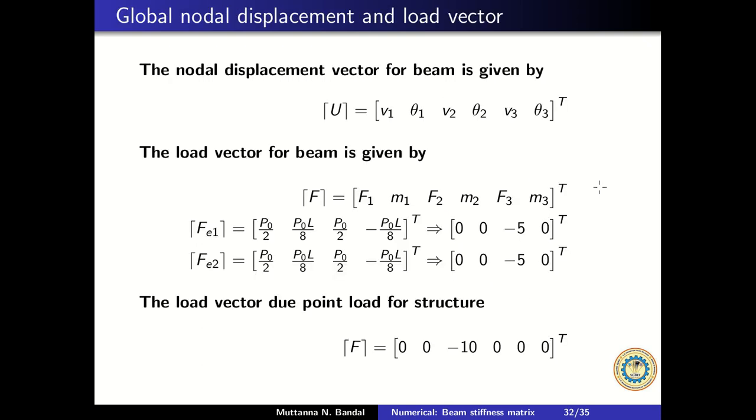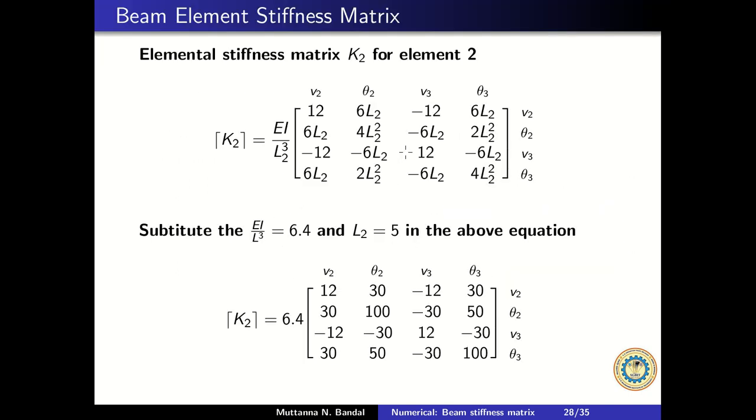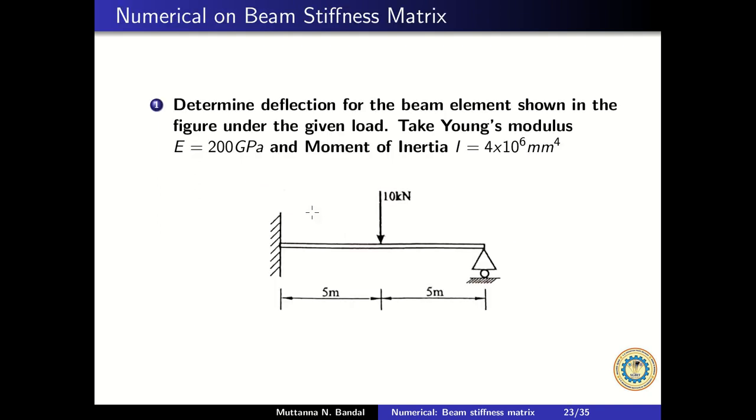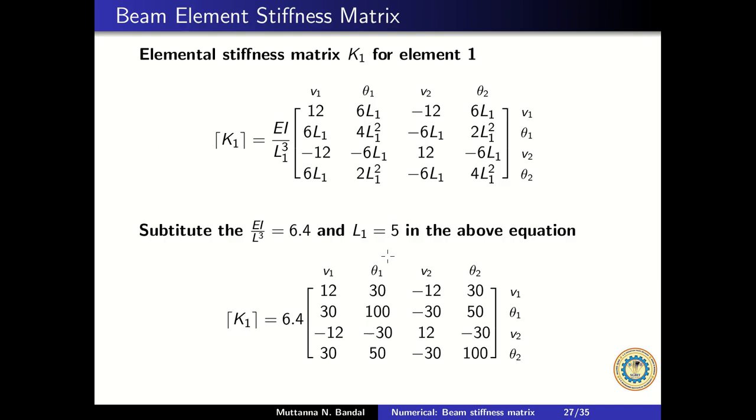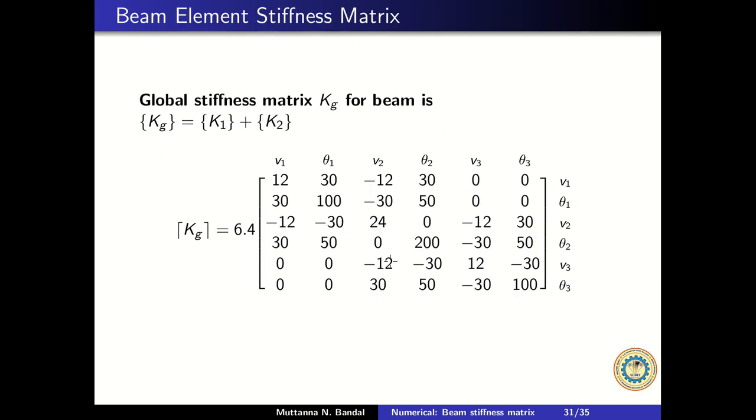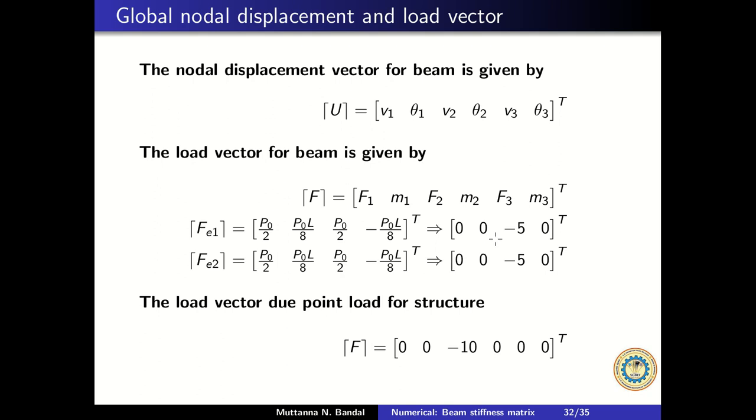Once the global stiffness is formed, apply the boundary conditions. For applying the boundary conditions, we already know that. Let us go back to the diagram. It is fixed here, in the sense V1 equal to 0, theta 1 equal to 0.